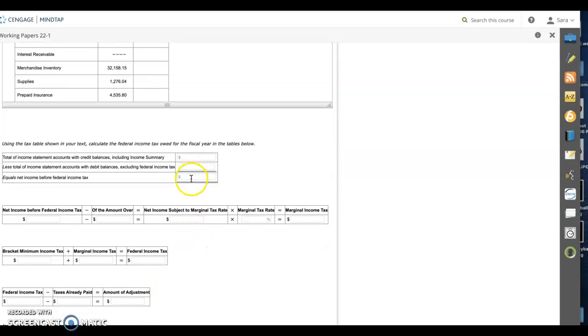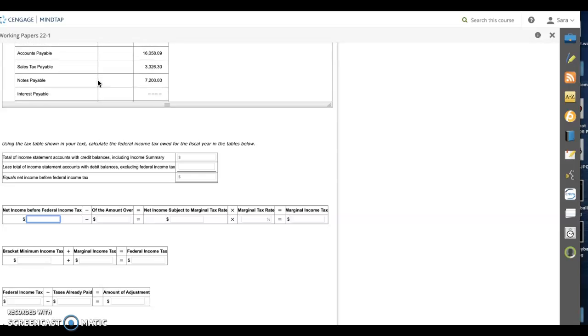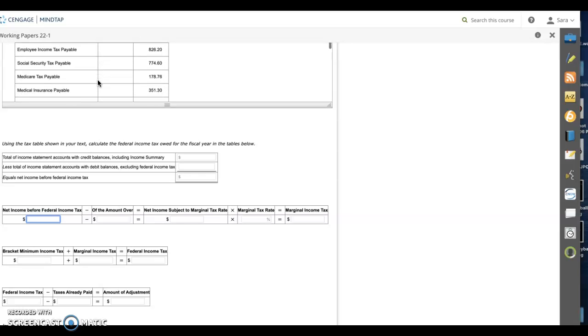And so then we would take this number that we get right here and put here, and it says then minus the amount over, and so that's going to be what did we already pay.